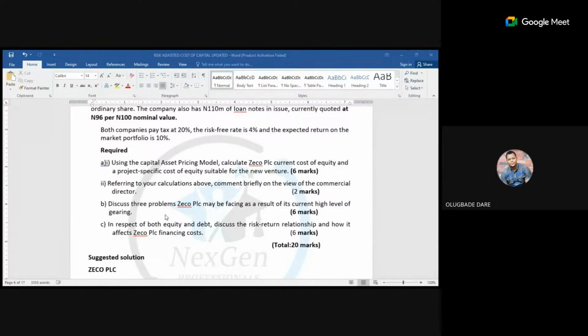Because if you look at Zeco PLC, before it goes ahead to take over this new investment, its cost of equity stood at 2.3. That is its risk. By the time it takes over this business, as planned using the project evaluation, it would have increased to 2.6 or thereabout.